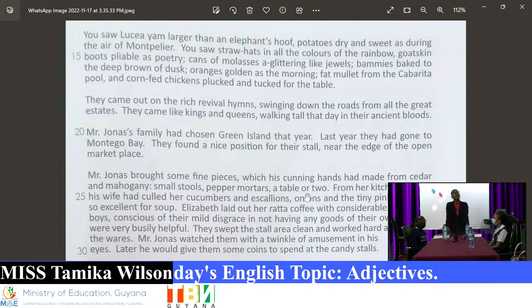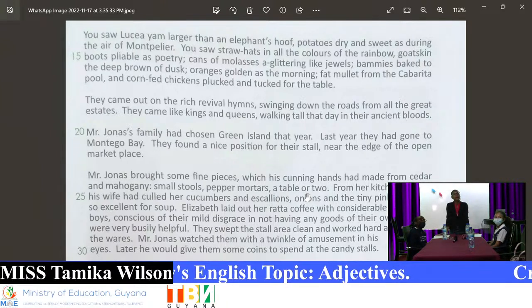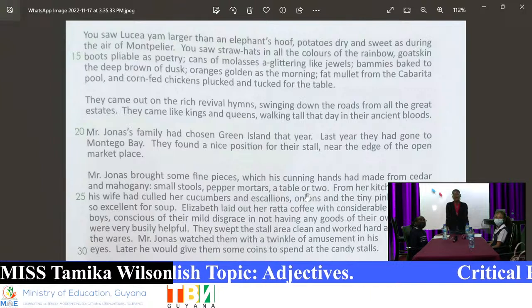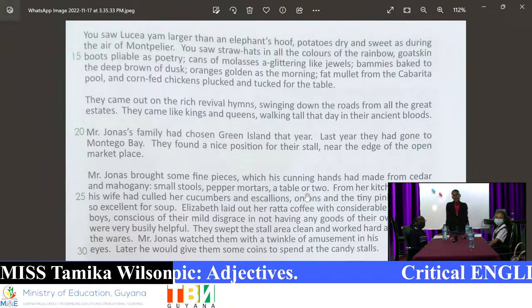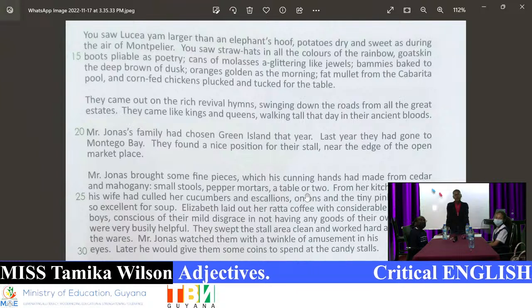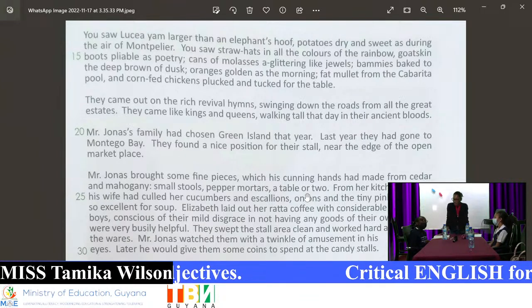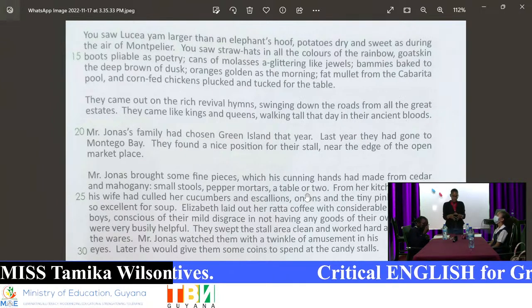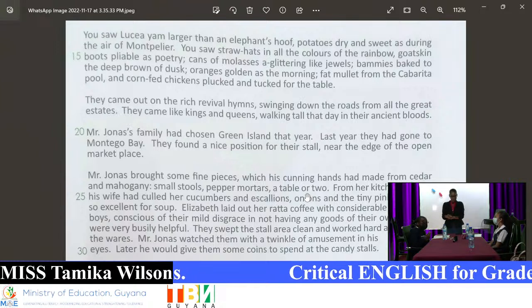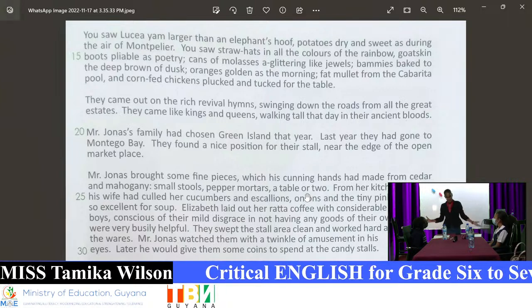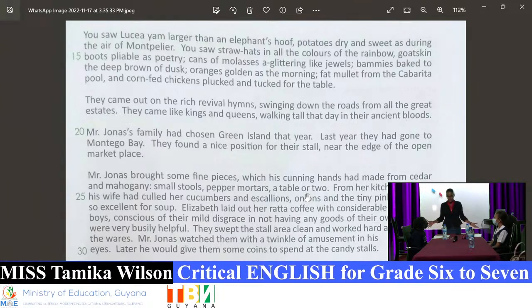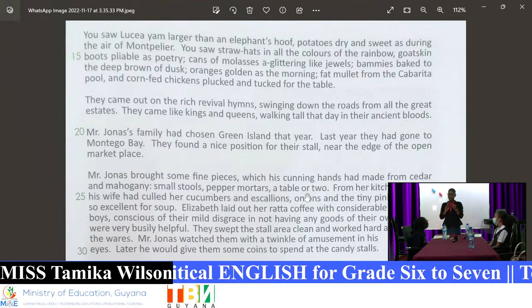What about you, Azaria? Let's look at the first paragraph on this slide. You saw Lucia's yam larger than an elephant's hoof. Two things there. One, we're able to see that this is a very small yam, right? No, because elephants are usually very large animals, aren't they? So two things.